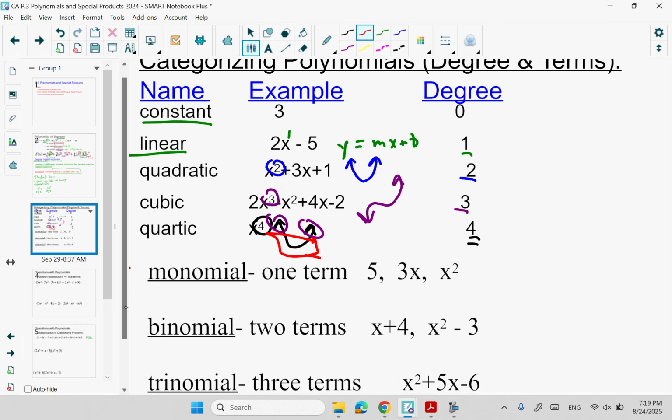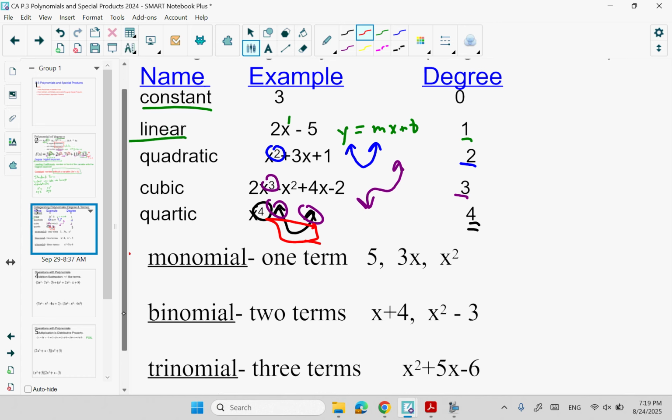The other way we can do it is the number of terms. So for example, 5 only has 1 term, so it's a monomial. Mono will be the prefix. Nomial, this root word, means number of terms.